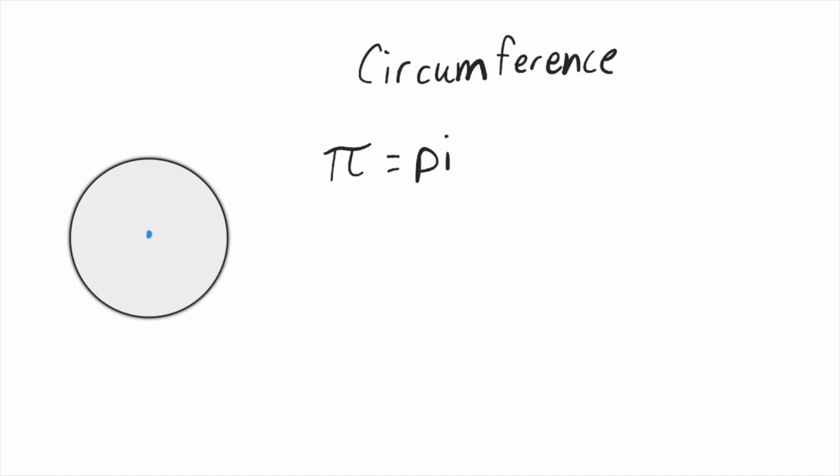This is a huge number of decimal places, and if you look at your calculators, you'll actually see that there is an entire button dedicated to pi. And what this actually tells us is that there is a very special relationship between the diameter of a circle and the circumference of a circle.